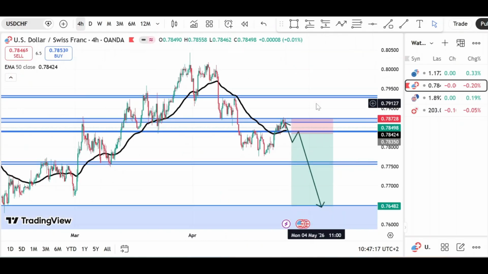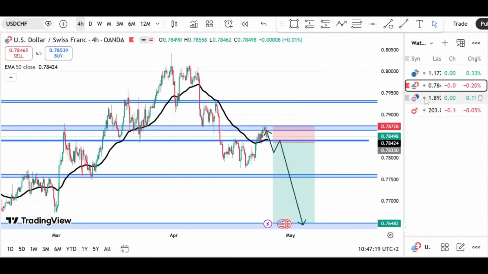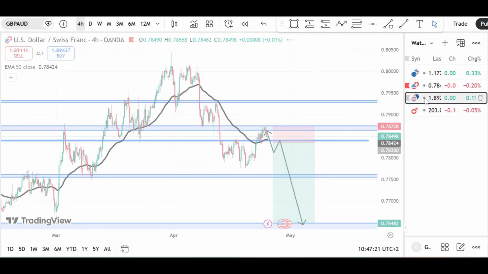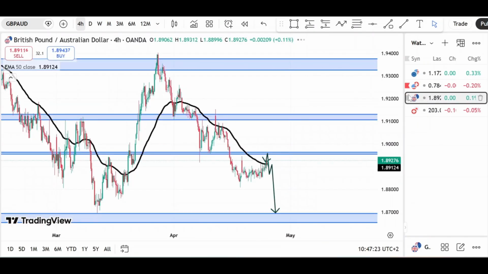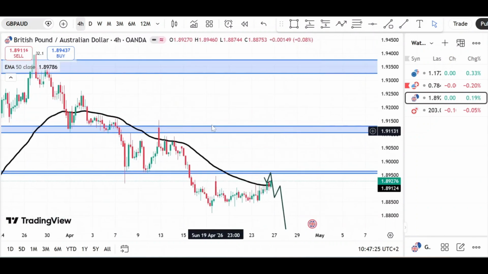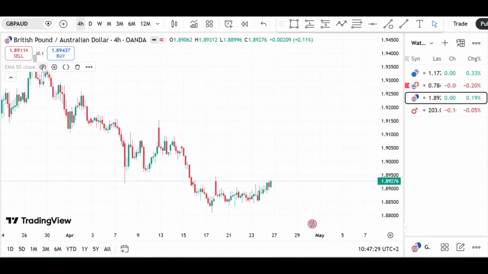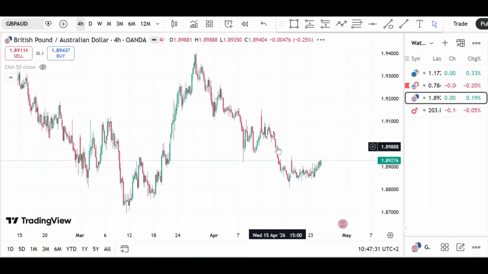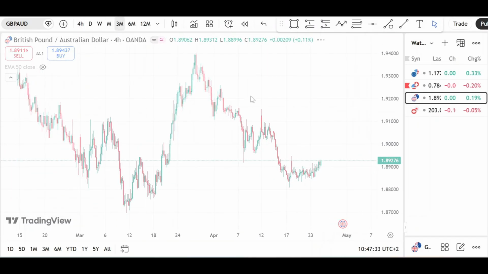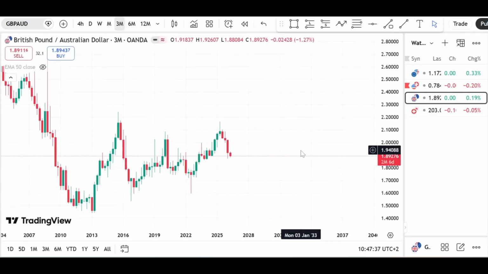Let's go back to GBP AUD and see what's happening. Again, as you can see, let's go to a 3-month time frame.